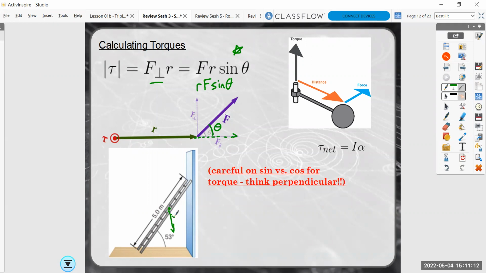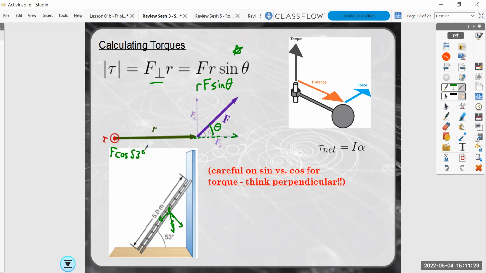It turns out that what I need to look at is either the perpendicular component of my force, which in this case, you think about a ramp, would be given by that force times the cosine of 53 degrees.